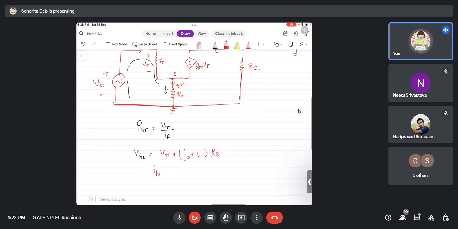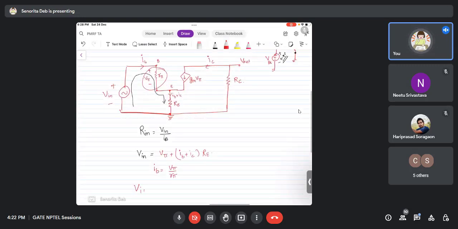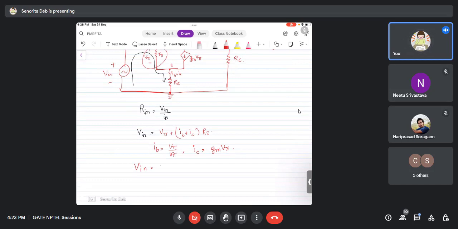IB we know is nothing but V pi by R pi, because it's the drop across R pi. And we know IC is nothing but GM times V pi. Therefore Vin equals V pi plus V pi by R pi plus GM times V pi into RE.